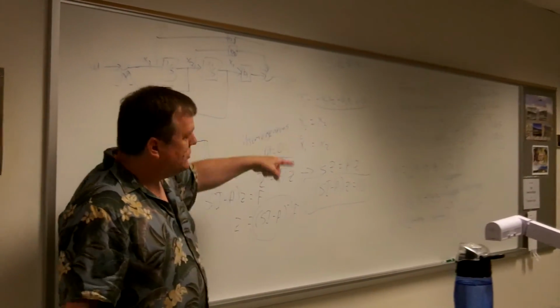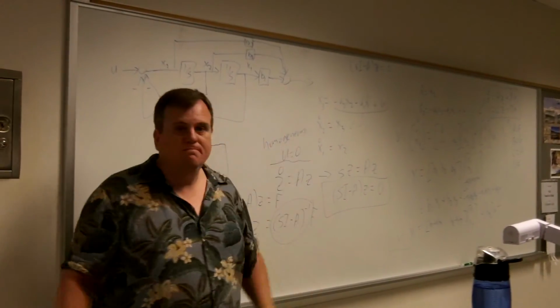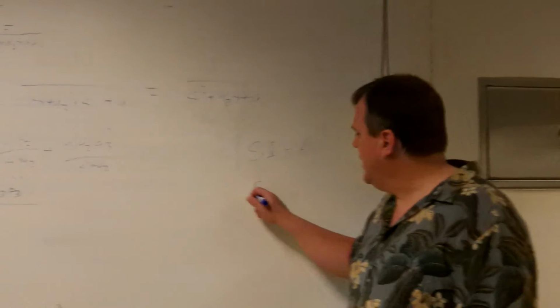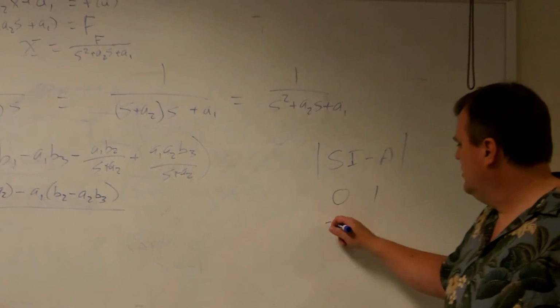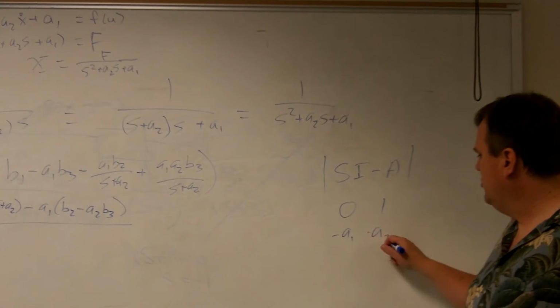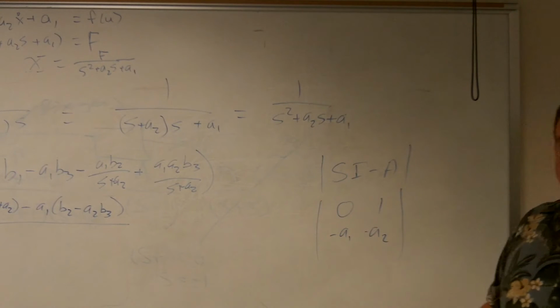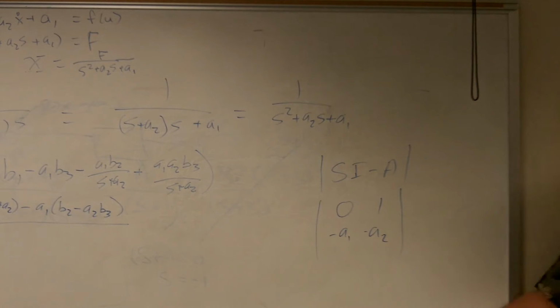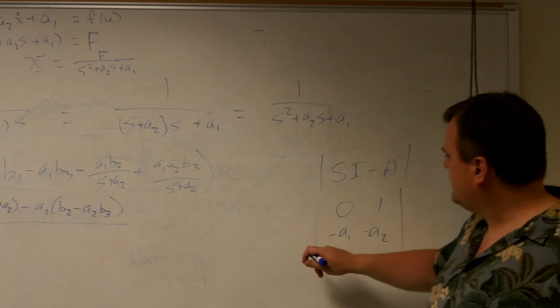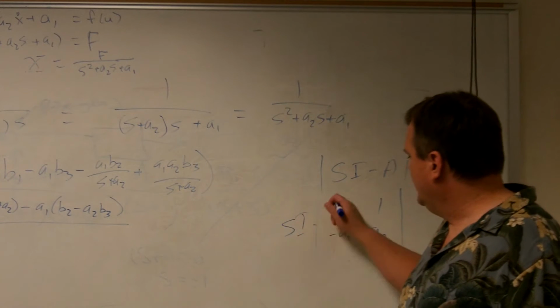So this is the determinant of sI minus A. But we know what our A is in this particular case. Our particular A in this case is 0, 1, minus A1, minus A2. So I've got to take sI minus that.